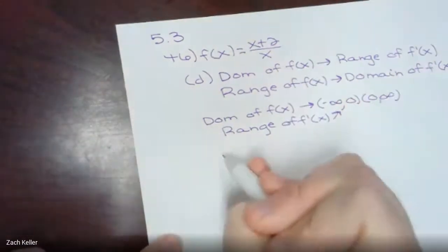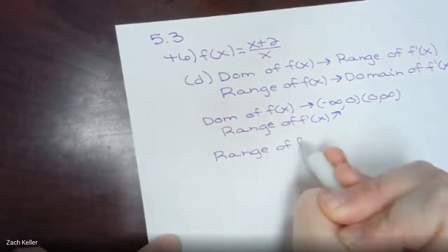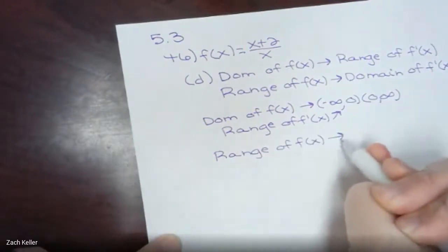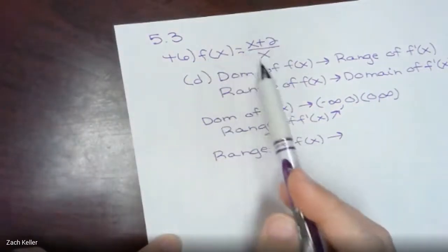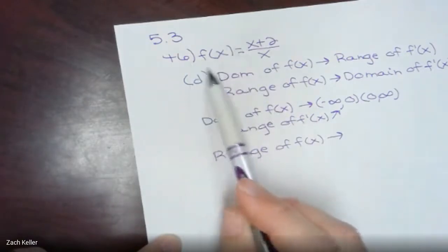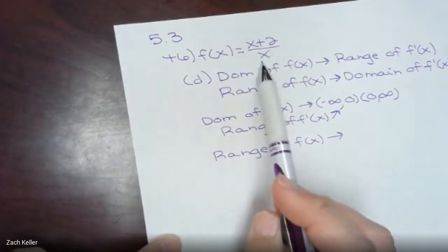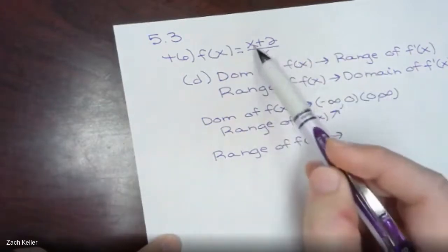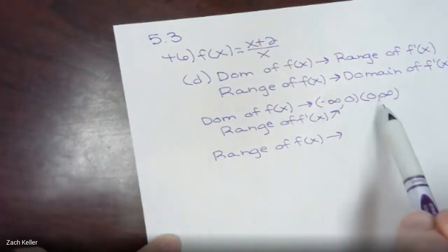And then the same thing, the range of f of x. To find the range, it's a little trickier, but you're thinking about what types of numbers am I going to get back? So the range is f of x or y, which is the same thing. What type of values am I going to get back? I could get back positive and negative values because I can plug in any number except 0.